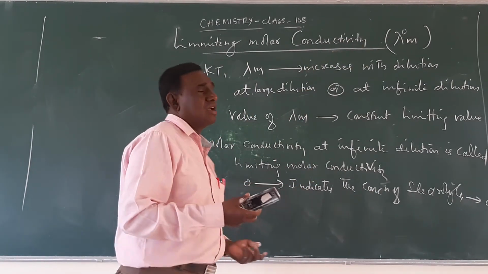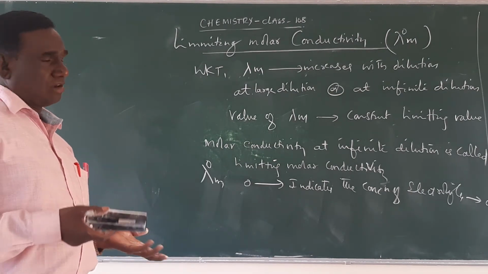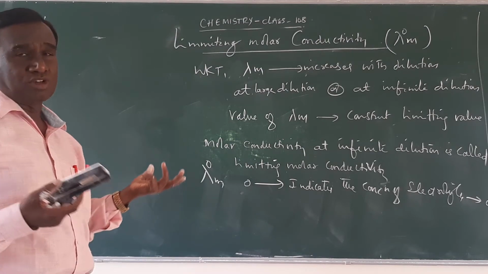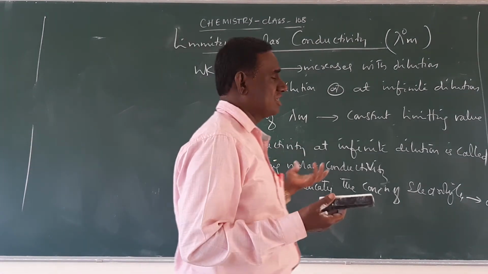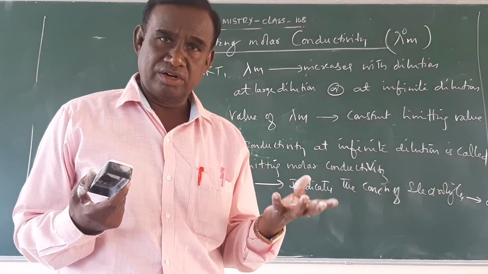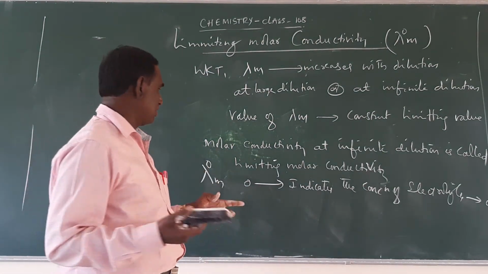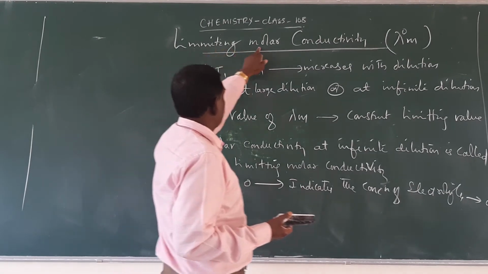As we know, the molar conductivity increases with dilution. So at larger dilution, at infinite dilution, lambda m, the molar conductivity, becomes constant. That is called the limiting value of molar conductivity. In one word, what is limiting molar conductivity?